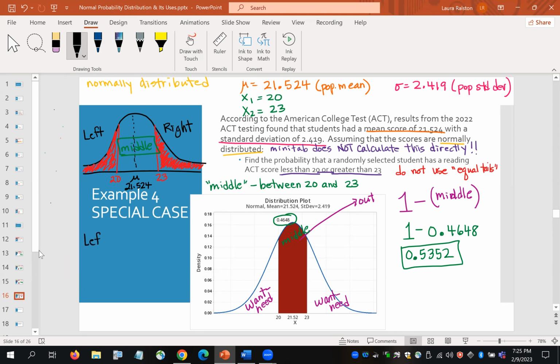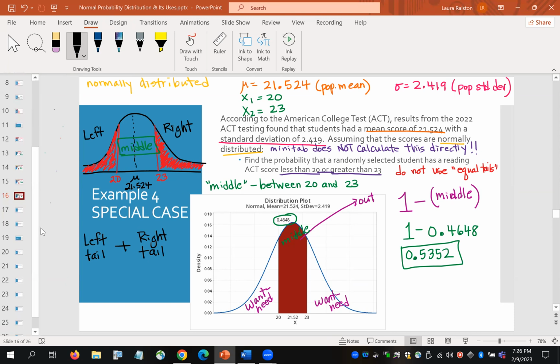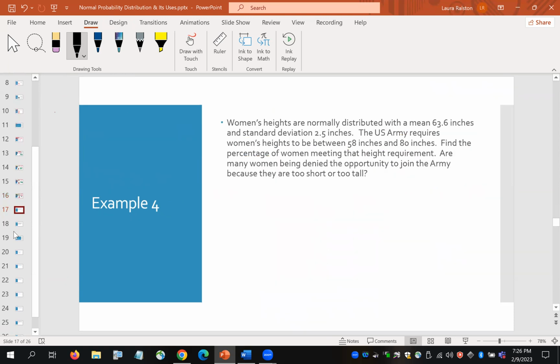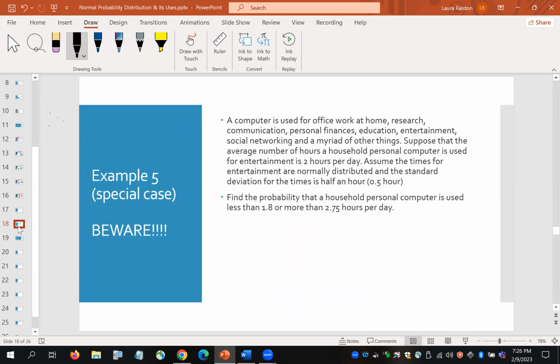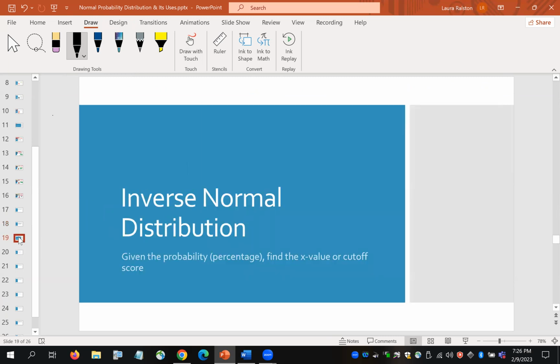You could do left tail plus right tail. You'd still come up with the same answer as me. Okay, but I'm not going to demonstrate that. Now, there are 2 other examples here. You can maybe look at those on your own because we only have about 30 minutes left and I want to get to type 2.